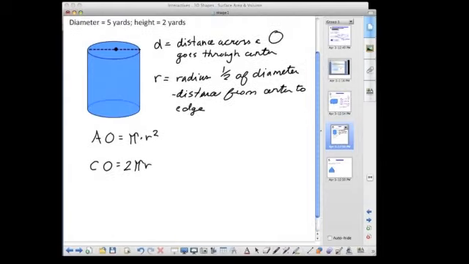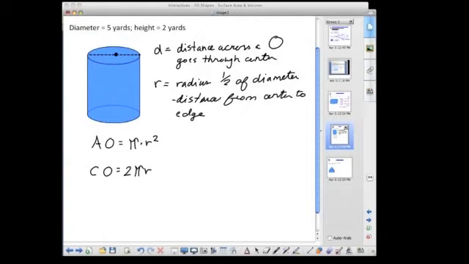Because in this instance, I'm not given so much information. The diameter is 5, which tells me my area is 1/2 of the diameter. That's 2.5. I'm sorry, my radius is 1/2 of the diameter, which is 2.5. The area of the circle would then equal pi times 2.5 squared.